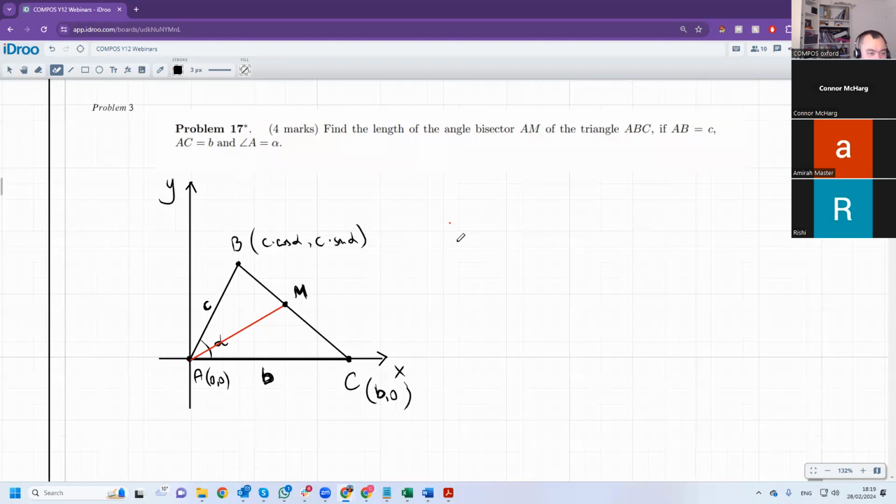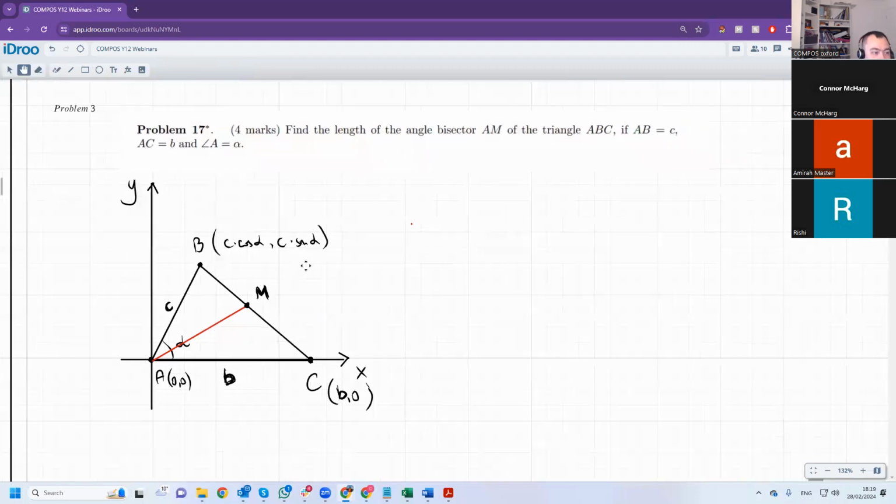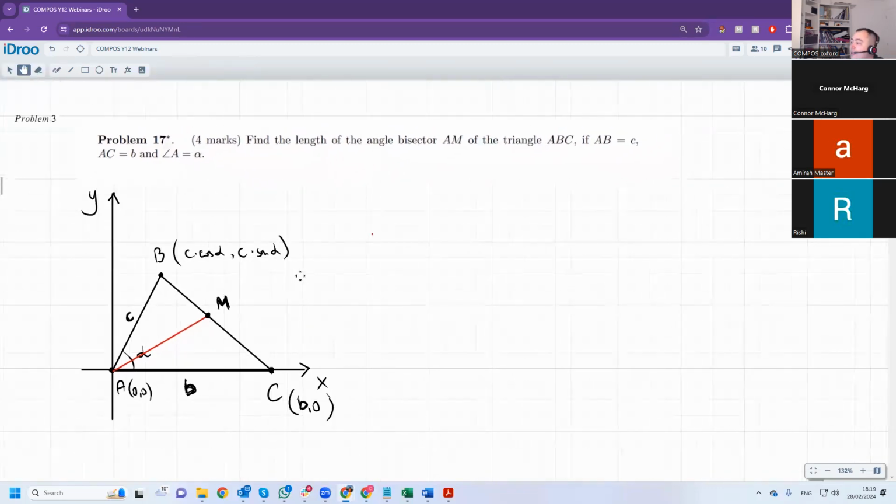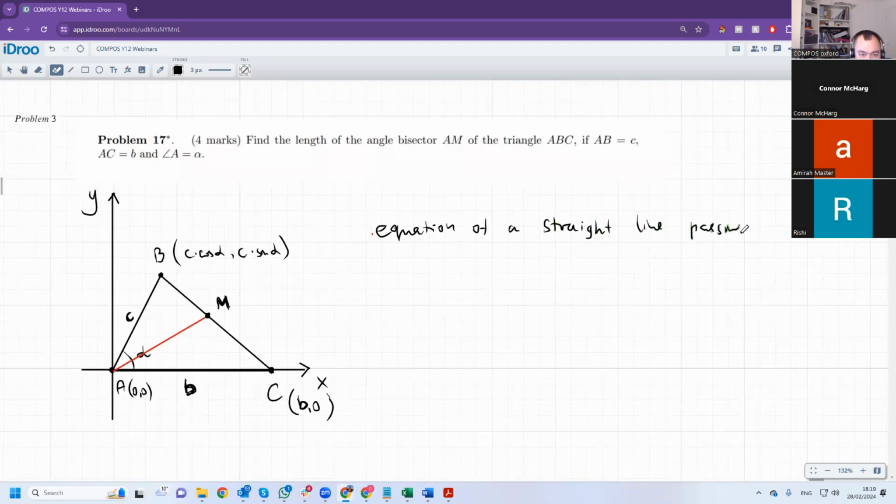Right. So first of all, we're going to use the equation of a straight line passing through 2 given points.